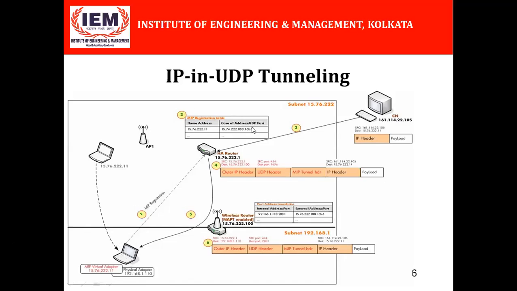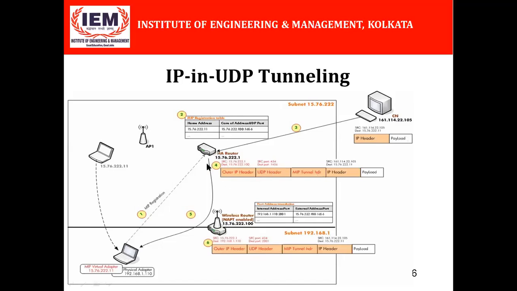And what is written over here? Before that, we had only the care-of address. But right now, we have a port address also associated with the care-of address. So when it forwards the information towards the home agent router, the home agent router adds three things.